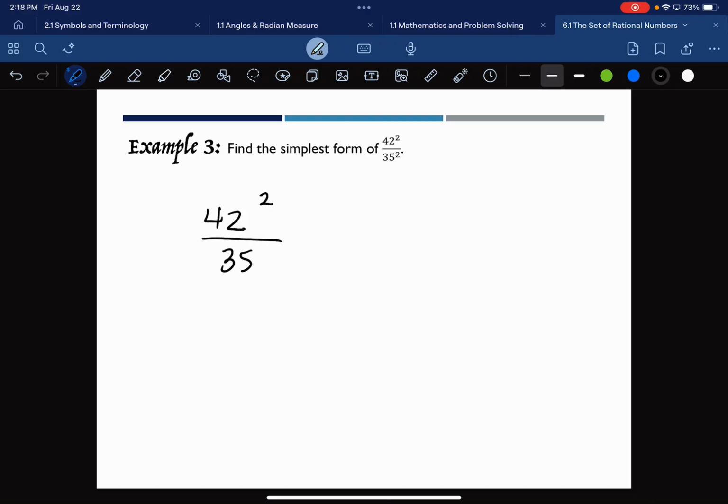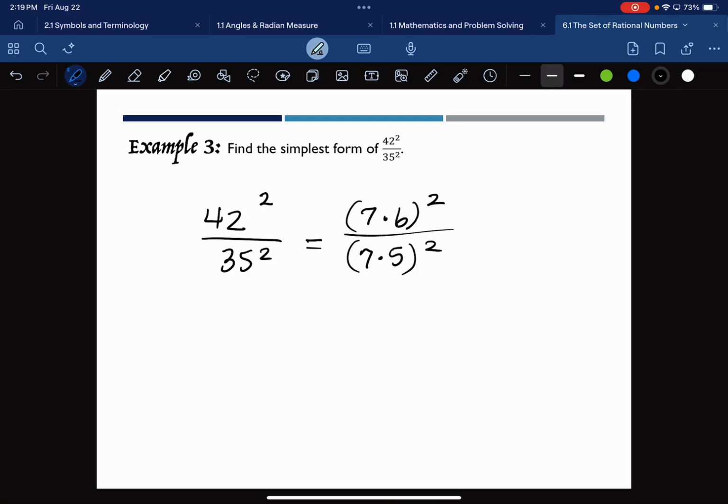And we have a 35 on bottom. Let's look at 35 first. How does 35 break down? Divide by 7 and 5. Okay, so I'm going to have a 7 and 5, and I'll put the square on the outside. How could 42 break down? There's more than one option. 7 and 6.